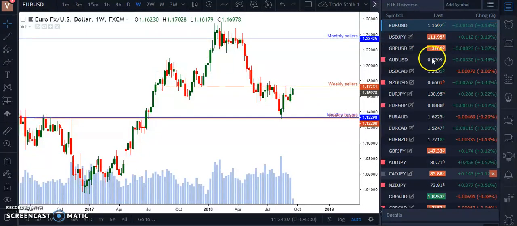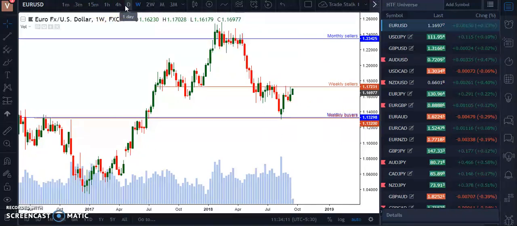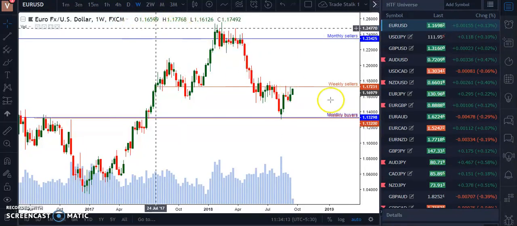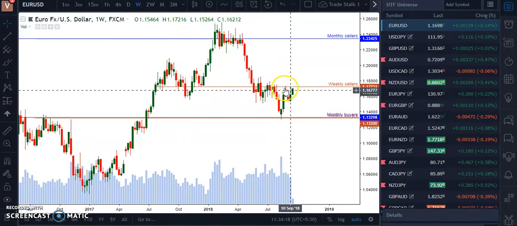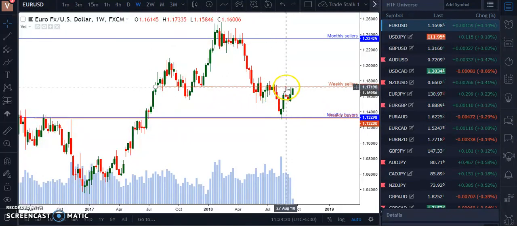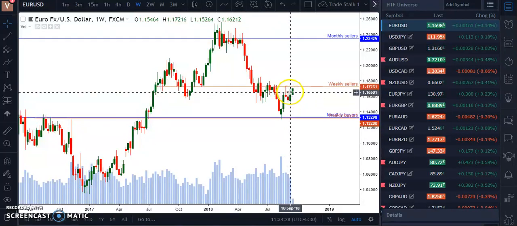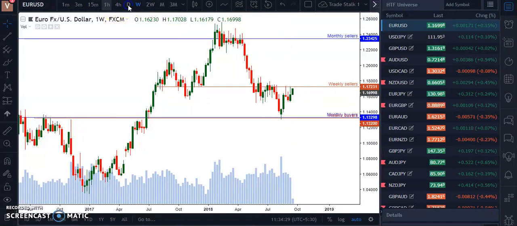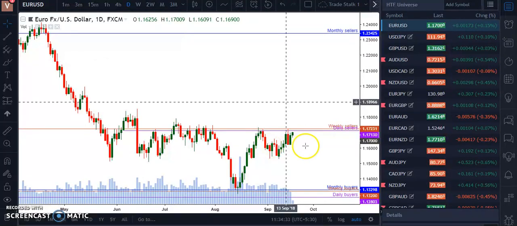So I'm going to go through the whole list very quickly and give you how I came to these conclusions. Euro, yes, I expect it to go up because it's reacting from this resistance, sure, but this resistance got it down to over here, then it went back up, and although it touched this resistance it couldn't come down all the way. And on the daily, I saw that there was some sort of consolidation happening, and the support here was holding.